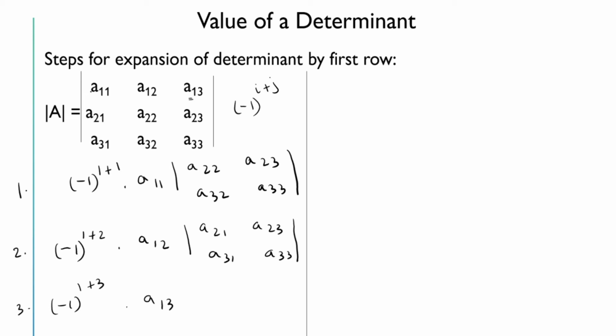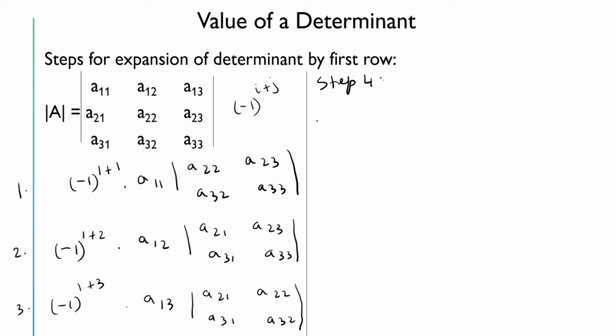Now we have to delete the first row and the third column, because A13 is in the first row and the third column, into the determinant of this one A21, A22, A31, A32. This is the third step. And the last step, step 4, is we have to add the values we get in all these steps.